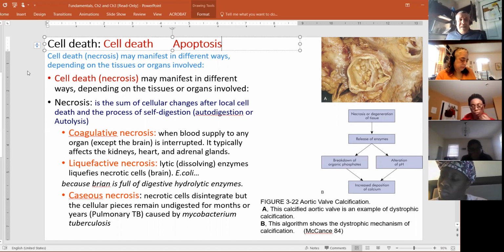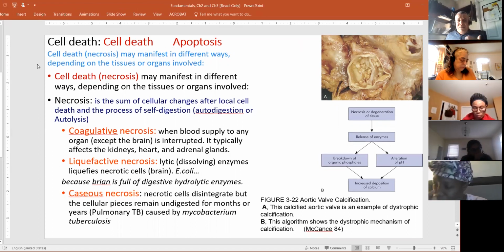So let's talk about cell death in response to other causes or reasons. When you say necrosis, necrotic tissue, you've heard about necrotic tissue, right? Necrotic tissue means that's a dead cell.